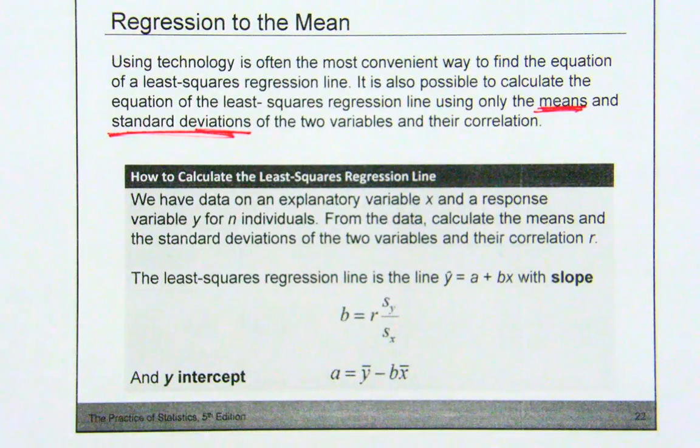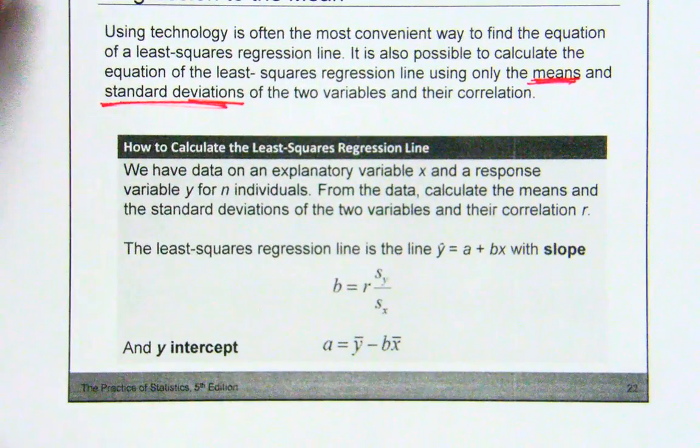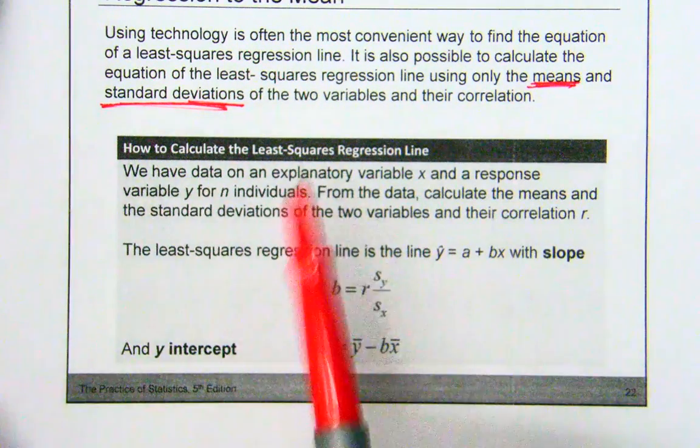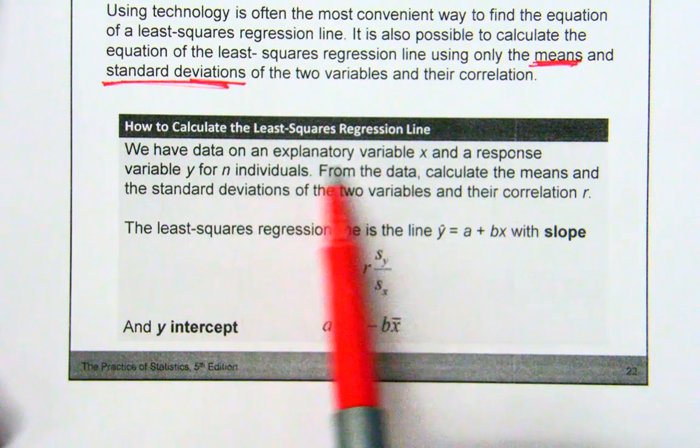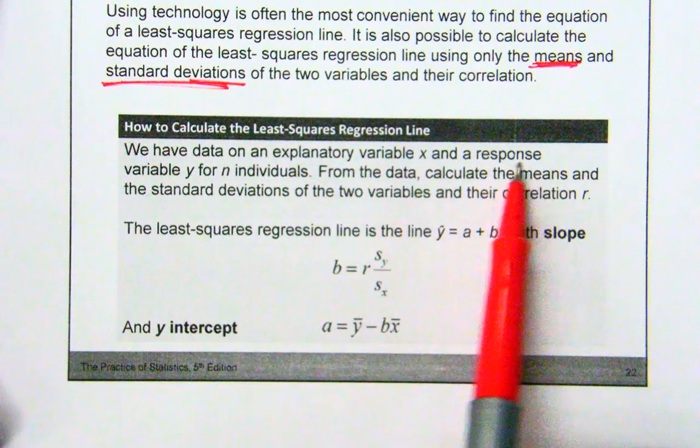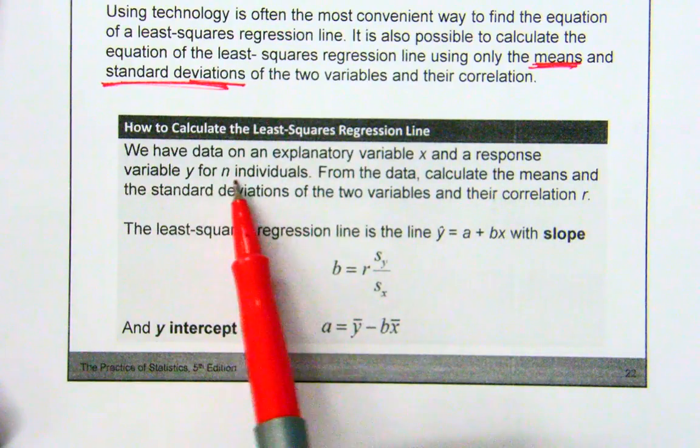This is kind of like, how do you find the equation of a line from 2 points? Given 2 points and a slope, it's kind of the same thing. So what they do is they put it into two concepts that you should be able to at least handle. They take the explanatory variable x and the response variable y for the n variables.